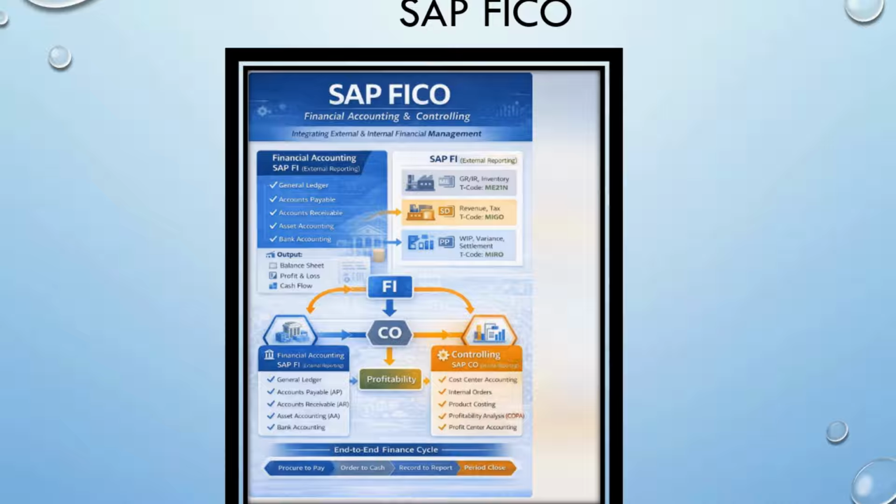Sales will also happen. We will create a sales order, make a billing document, and make a PGI. PGI means when we issue the goods to the customer, that is called post goods issue. So in SAP FI, as I mentioned, we are classifying between general ledger, accounts payable, accounts receivable, asset accounting, and bank accounting.